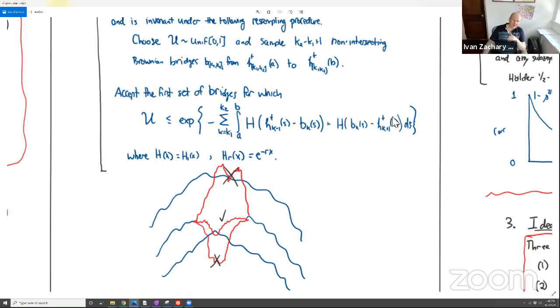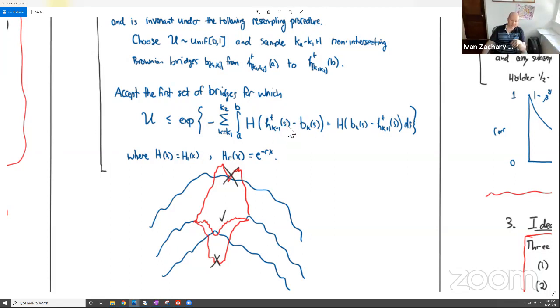Then I come up with a sort of energy, a sort of cost associated to that curve. The way the cost is calculated is I look between each consecutive curve, including the bounding curve at the top and the bottom bounding curve.